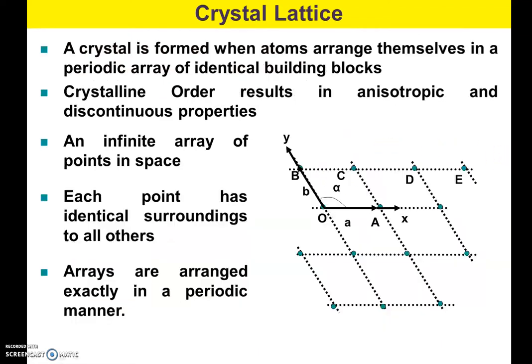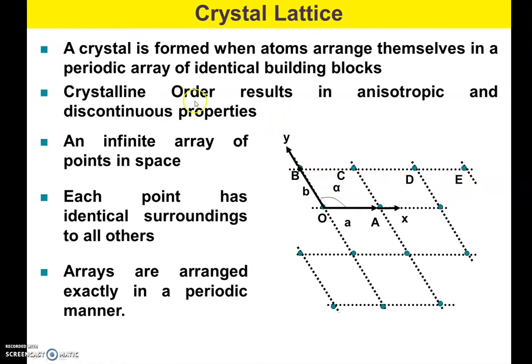So basically, we are defining a crystal as being formed when atoms arrange themselves in a periodic fashion, so that they build identical blocks that you can just replicate to create the entire structure. For example, here you have a block AOPC, and if you keep replicating this block, you will end up with the entire structure of the material. Okay?